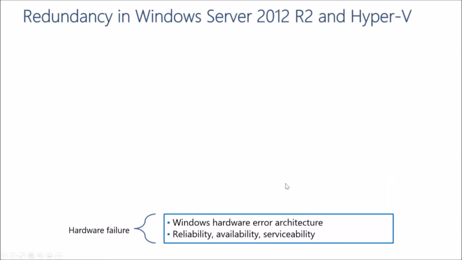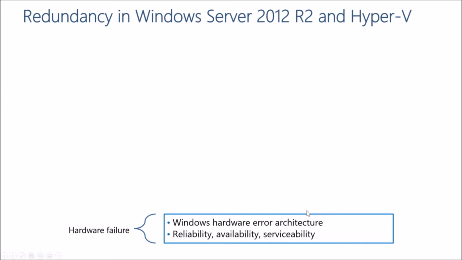If we talk about the things we can do at the different levels, like I said, we're going to concentrate on what we can do at the virtualization level. But we all know that if there are hardware failures, there's the Windows hardware error architecture, reliability, availability, and serviceability.